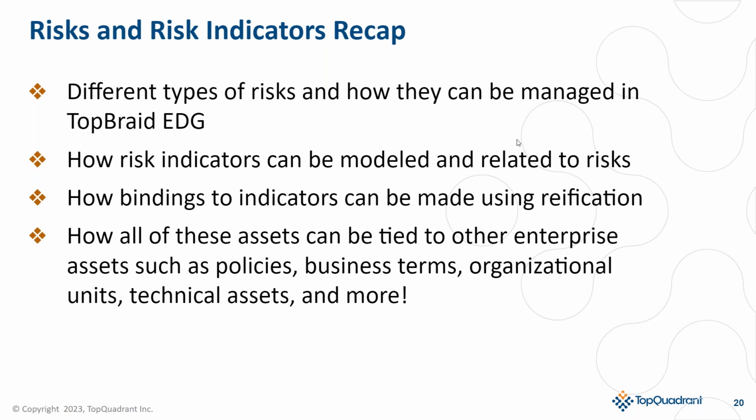And I think we've shown how all of those assets can be tied with all of the other enterprise assets, the policies, the governance, the business terms, the technical assets, right down to the actual database column that stores that information, creating those relationships within a knowledge graph.